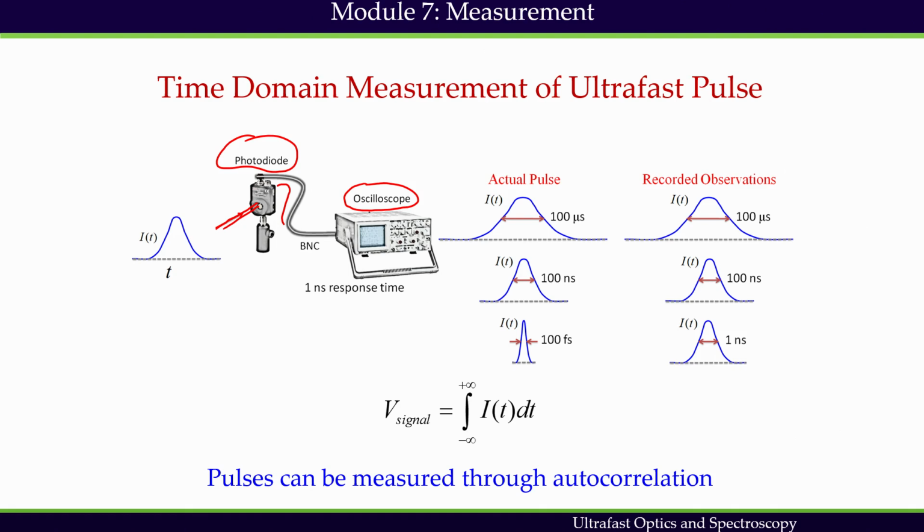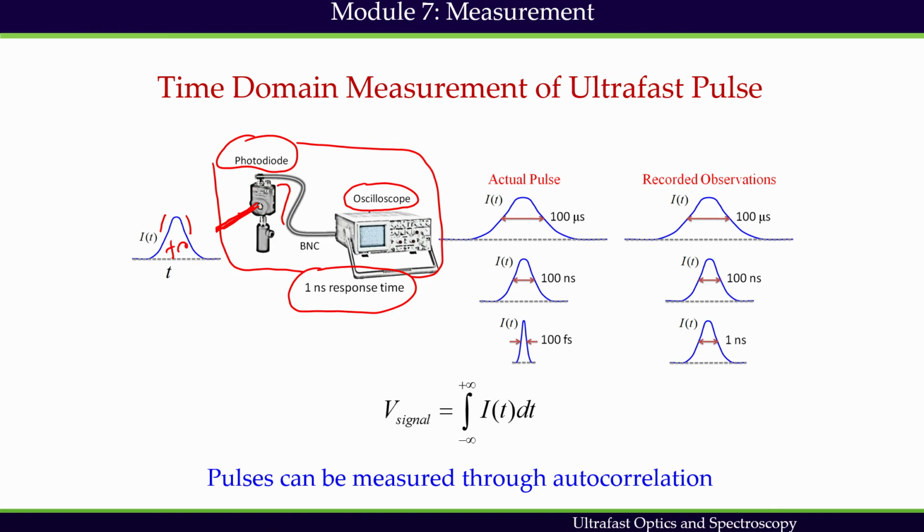Time sensitive detectors include photodiodes, photomultiplier tubes, but available time sensitive detectors have very slow rise and fall times of the order of nanosecond response time. So, the whole device, the detector including photodiode and the oscilloscope, they have nanosecond response time. On the other hand, if we think about the femtosecond pulse, its rise time and fall time is of the order of femtosecond, and that is why if we direct a femtosecond laser beam to the photodiode in this configuration, then what will happen?